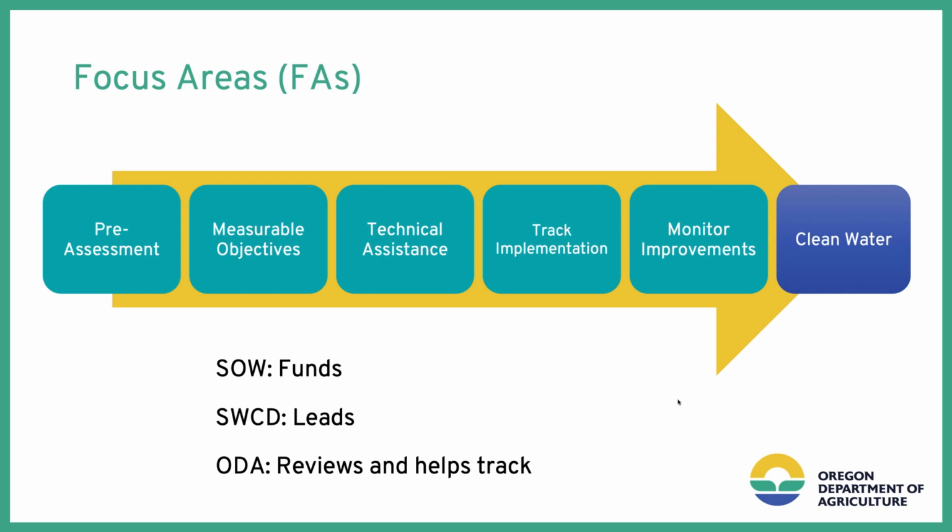Now, there's a question in the chat box. Can drones be used for inspection? Sure, that's up to you guys. 30 Mile Creek at Gilliam SWCD is using a lot of drone work for their riparian areas.